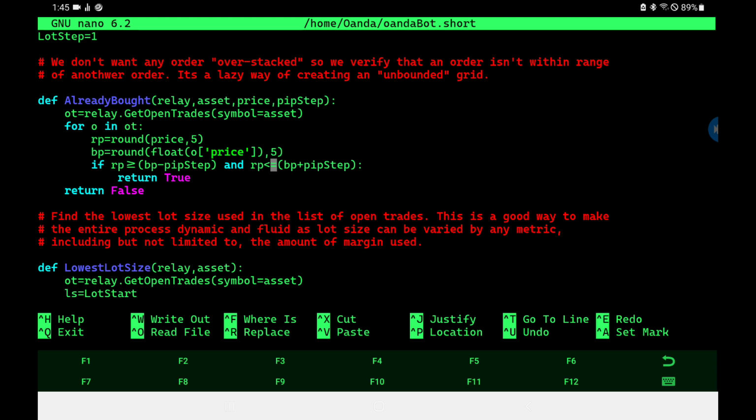So basically at this point, looking at this code, we're saying we must have a 14 pip spread to make sure no orders are around us, so we're not overstacked, so we're not building up too many orders in one place.